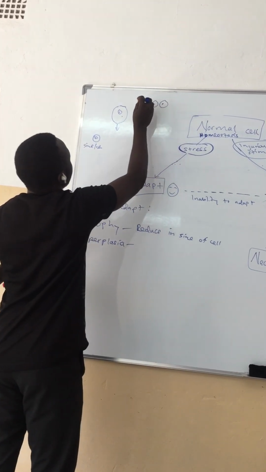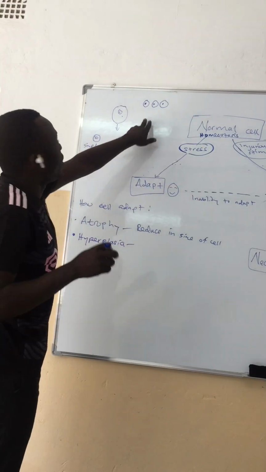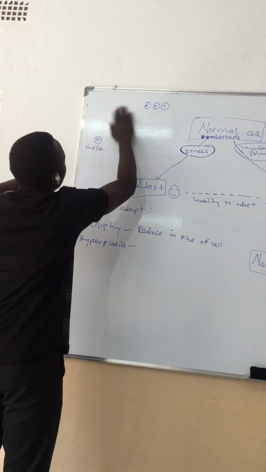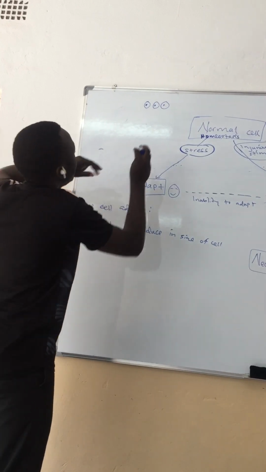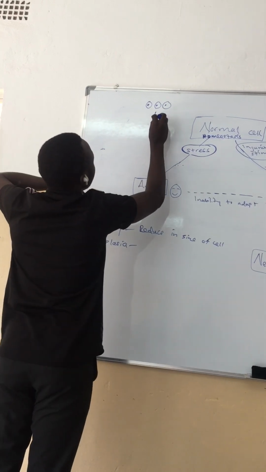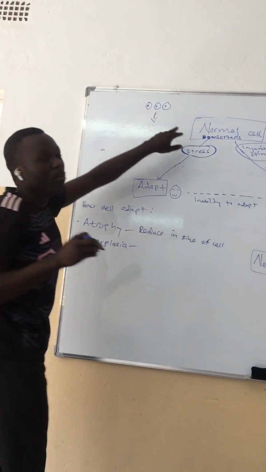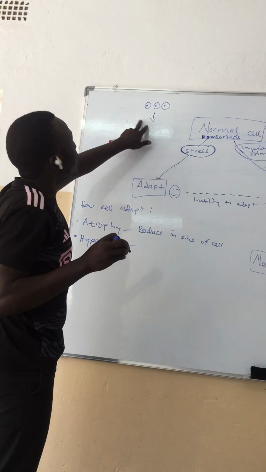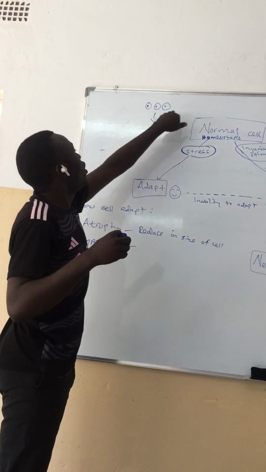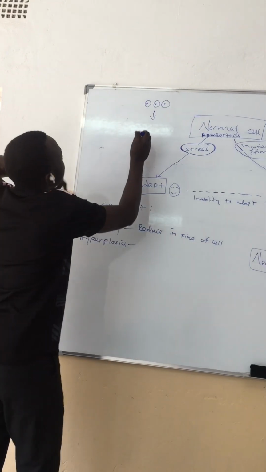We're now explaining hyperplasia here. These cells, there are 3 in number. They will try to increase in number so that they will be able to fight.